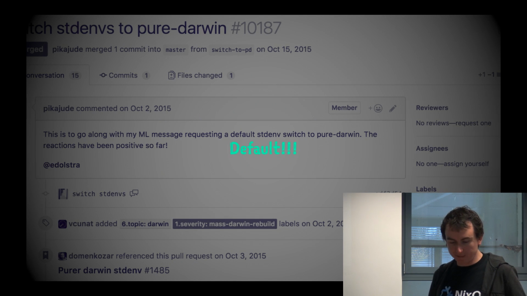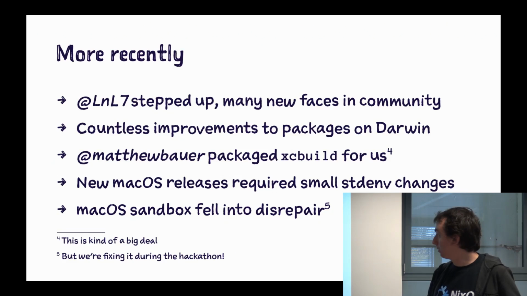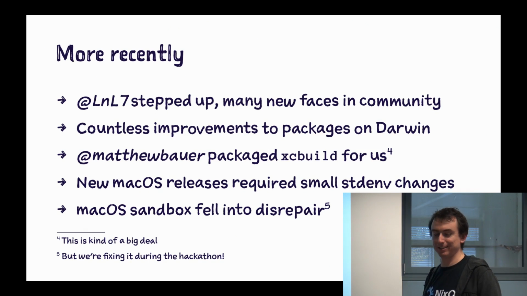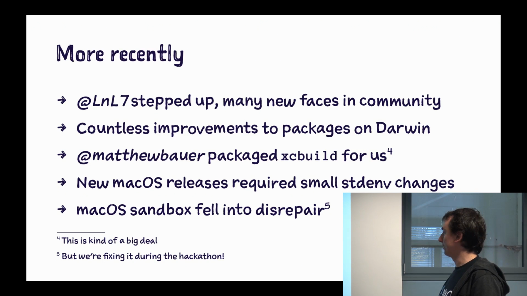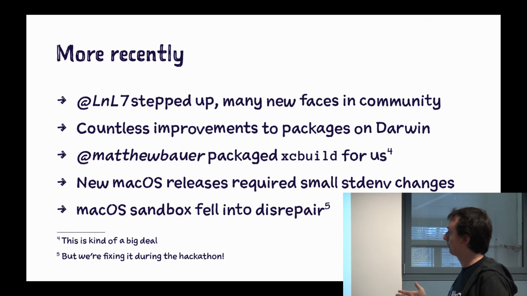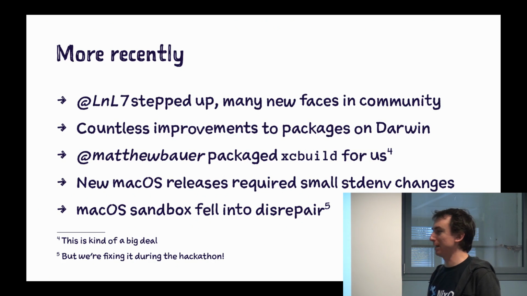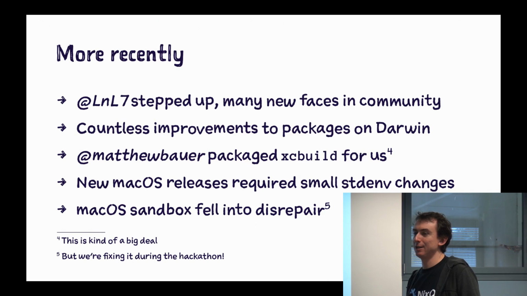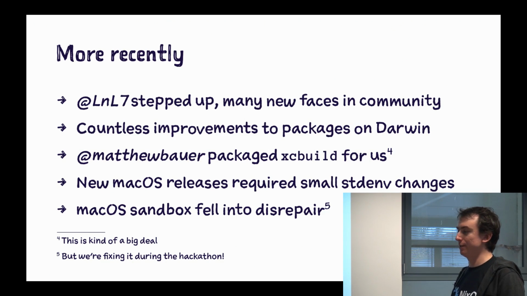The more recent developments, I'm going to go into a little bit of stuff that's happened since then in much less detail, also because I'm short on time. LnL7 stepped up, became effectively a maintainer of this stuff, and has done a ton of really cool things. We had a long-standing bug for about 2 years, up until a month or two ago, where random stuff would crash because of weird pure and impure inconsistencies.